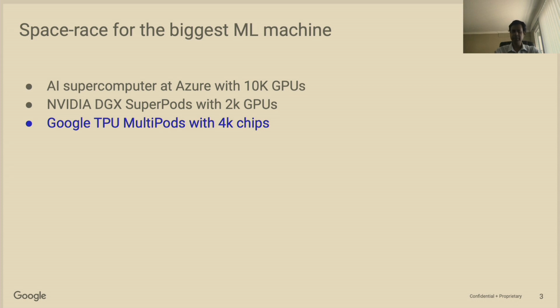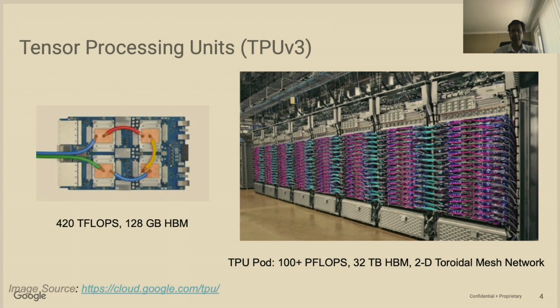At Google, recently we designed TPU multipods with 4,000 chips, and in this talk we'll provide more details on the multipods. But first, we'll begin with an overview of the Google Tensor Processing Unit that has been around for over a year now. On the left, you will see a picture that shows a card with 4 chips. Note the copper pipes, those are actually for water cooling.